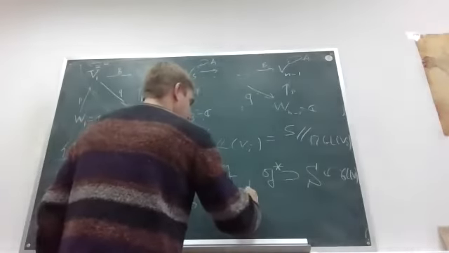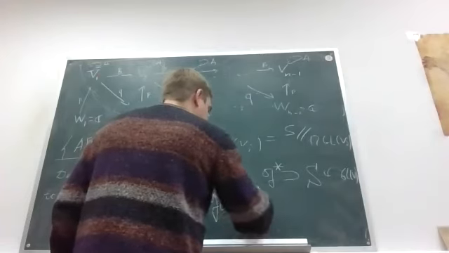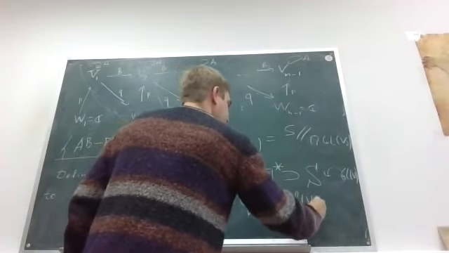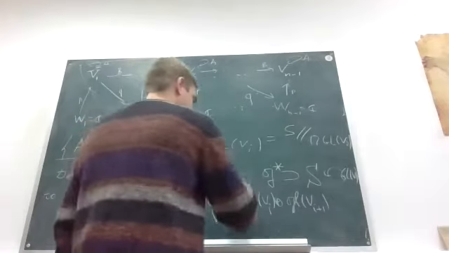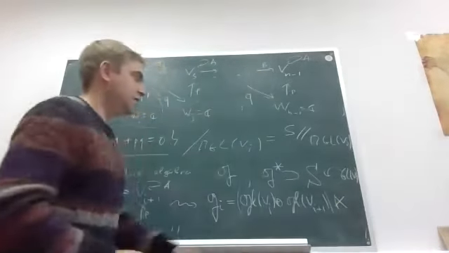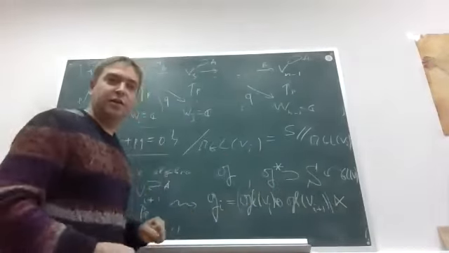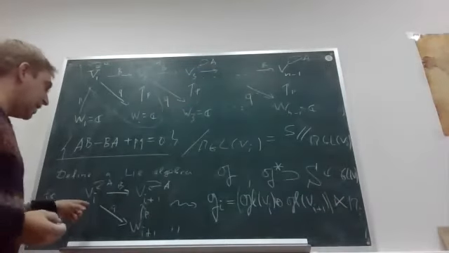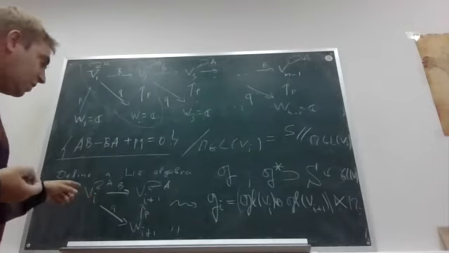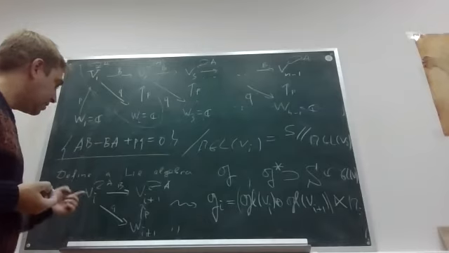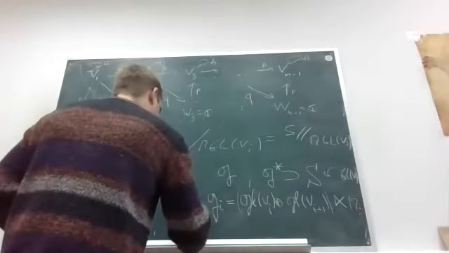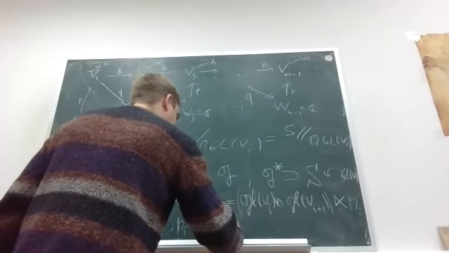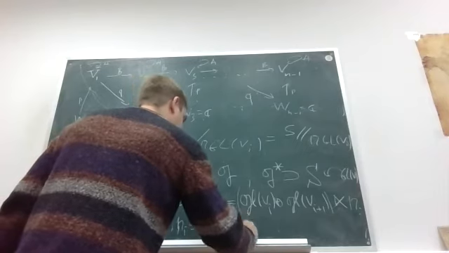It is the semi-direct product of GL Vi plus GL Vi plus 1 acting on some nilpotent radical Ni, and Ni is just a two-step nilpotent Lie algebra which is formed from Wi plus 1 to Vi.